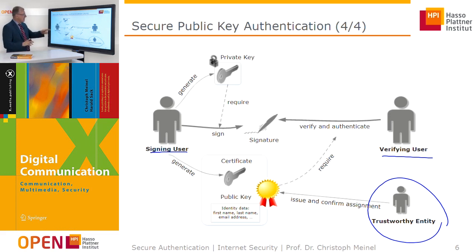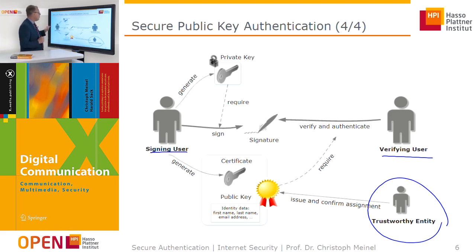And then the trustworthy entity issues a certificate. There is written the identity data of the user and the public key of the user. And this is signed with the signature of the trustworthy entity. Signed means encrypted with the private key of the trustworthy entity. Now our user has a certificate.